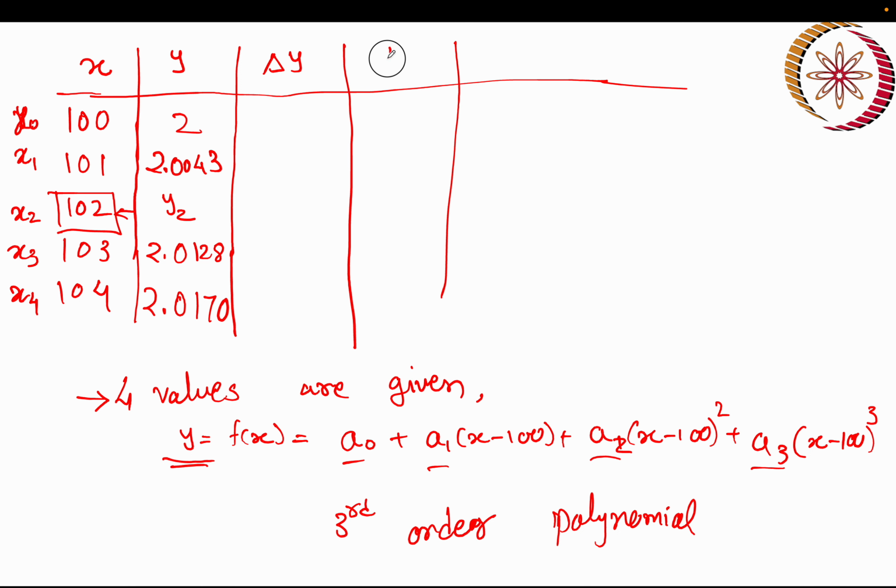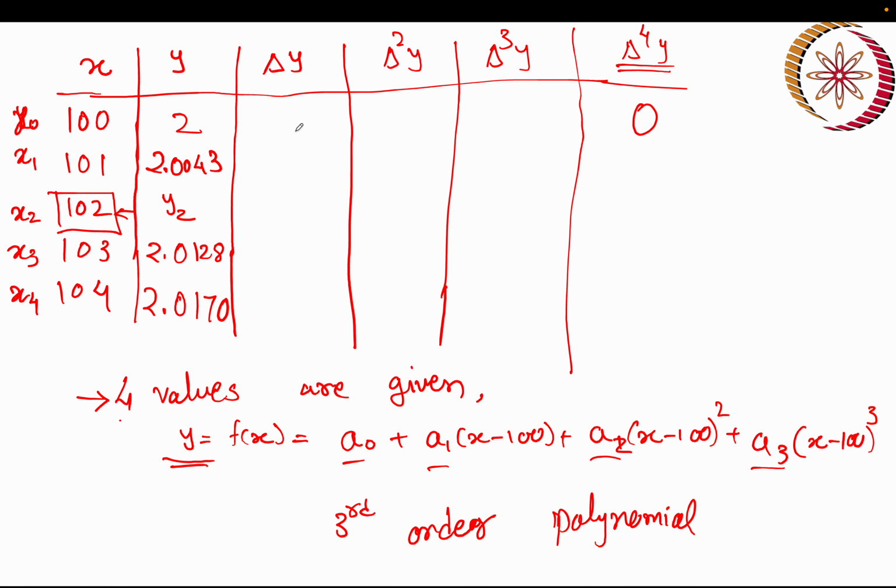So in that case, delta square y, delta cube y, and delta raised to 4 y, this term ideally should be 0, because we are considering only a third order polynomial, because there are 4 constants. We could go to the next terms also, but there are only 4 values given, so we have the equation which has 4 constants. So I hope this is clear.